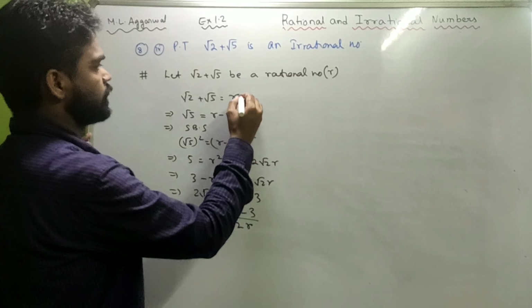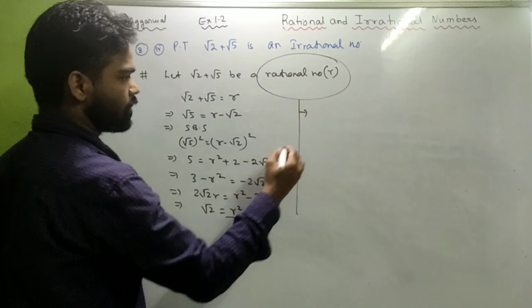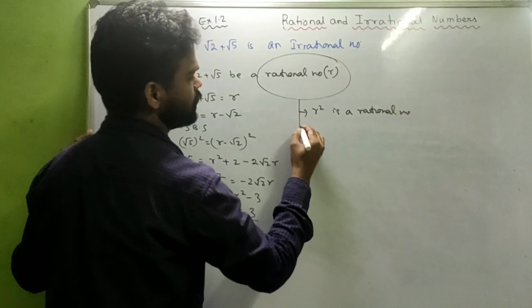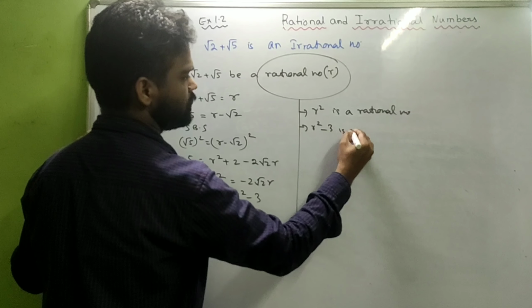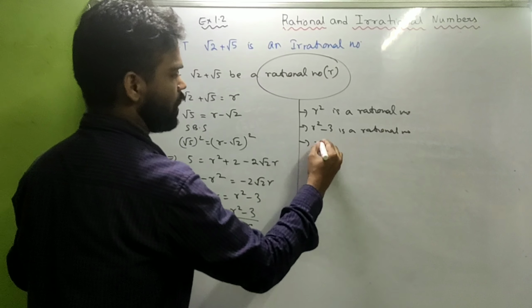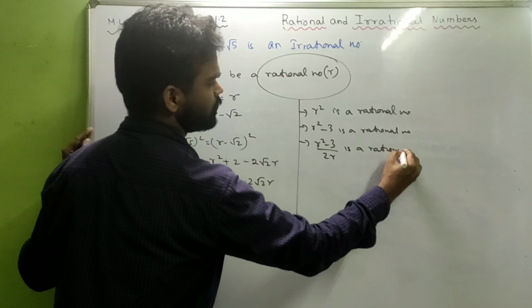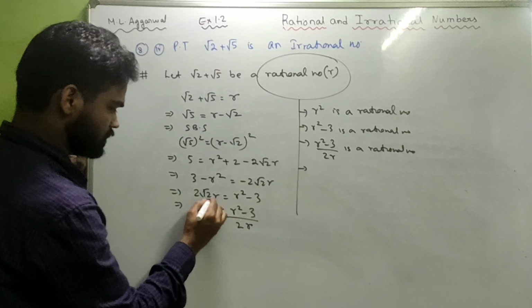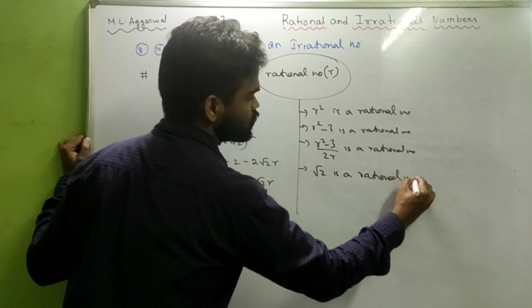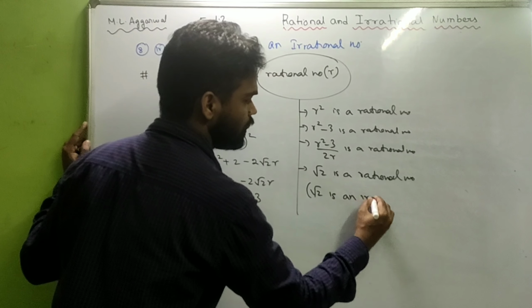Now look carefully. We have already taken r is a rational number, which means r square is a rational number, no doubt in that. Which means r square minus 3 is a rational number, because 3 is a rational number, which means r square minus 3 by 2r is a rational number, which gives us root 2 is a rational number, which is contradictory, because we already know root 2 is an irrational number.